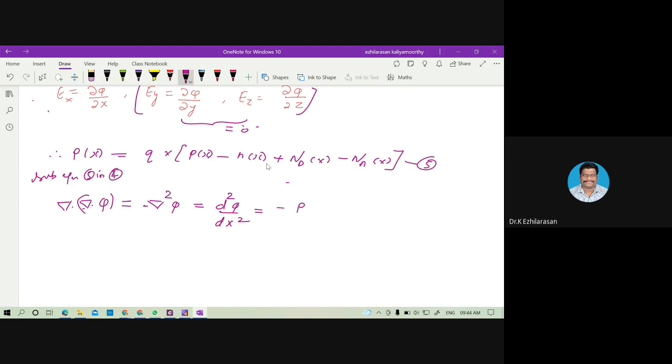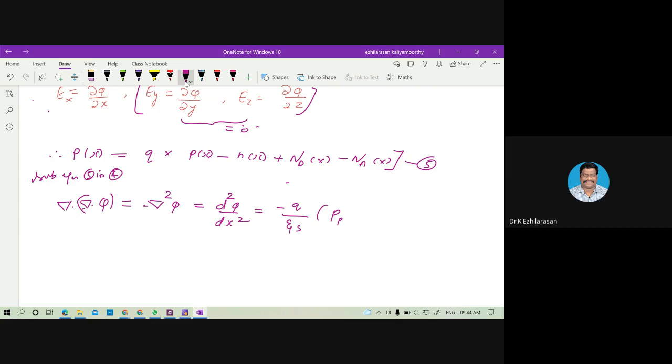Minus, not rho, it is q, q by epsilon s into p of x.